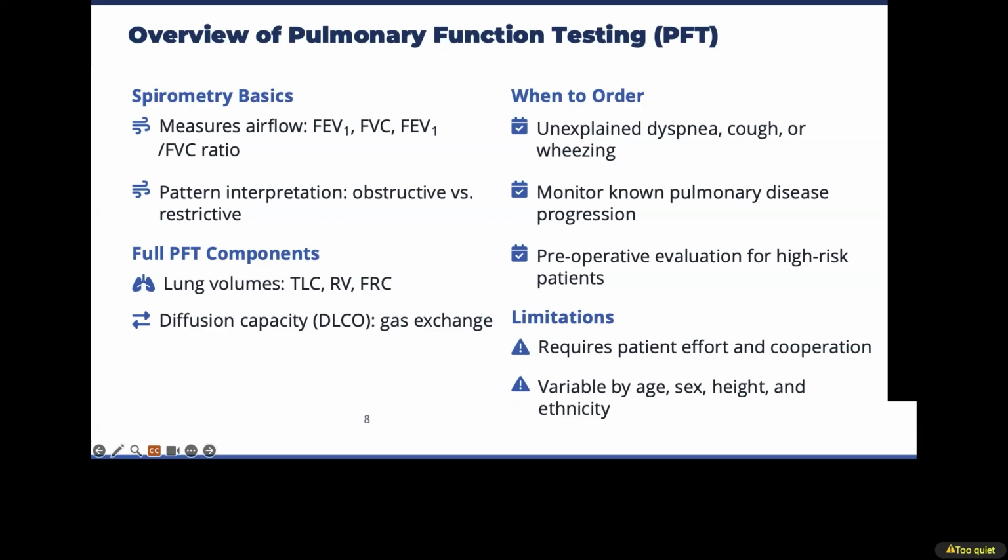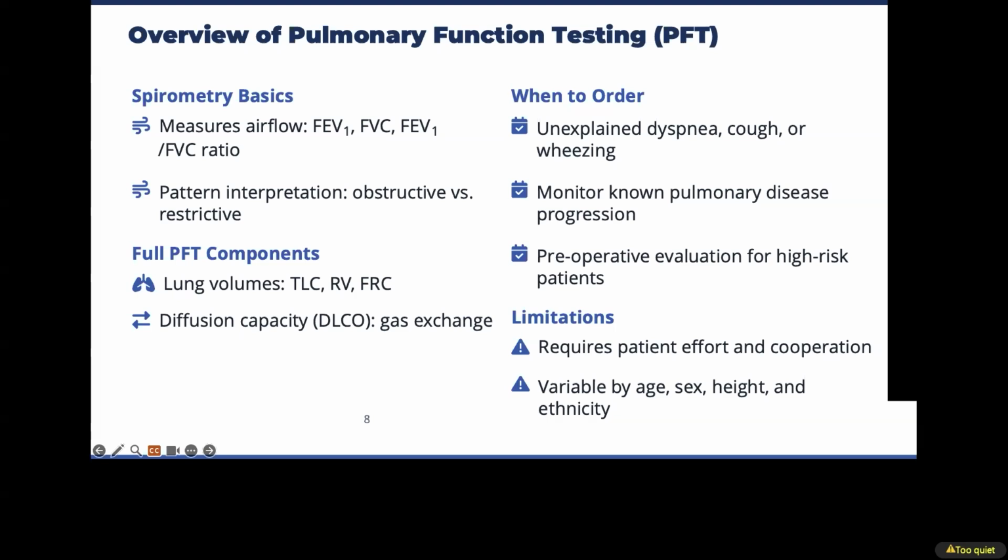There's another abbreviation called diffusing lung capacity, and it's abbreviated DLCO. What this is telling you is how well gases move across the alveolar capillary membrane. So a low DLCO can indicate something like emphysema, interstitial lung disease, or even anemia, if you think about what's necessary for oxygenation to happen.